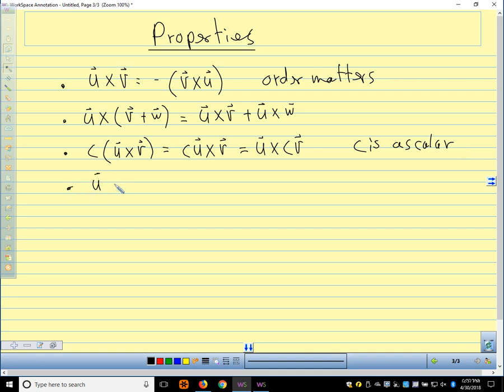Any vector crossed with the 0 vector, or a 0 vector crossed with any vector, is the 0 vector. Any vector crossed with itself is the 0 vector.